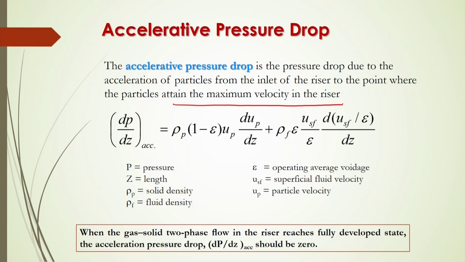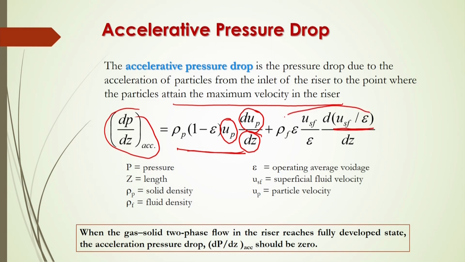So, the accelerative pressure drop can be calculated from how the particle velocity changes with respect to Z, and what the momentum change is due to the particle velocity change inside the bed, and the momentum change due to the velocity change of the fluid inside the bed.